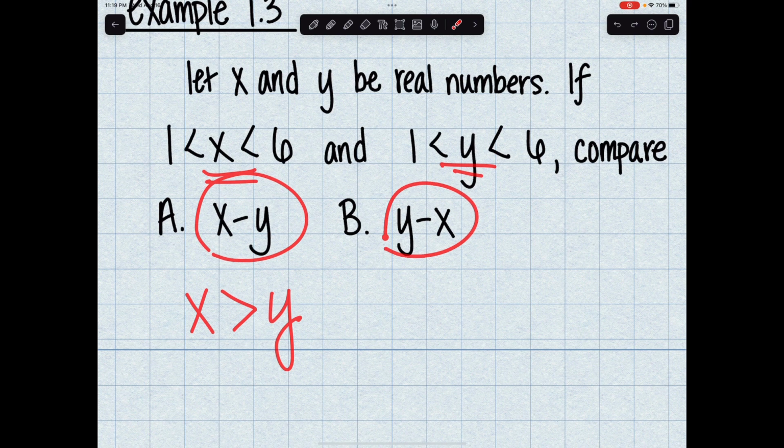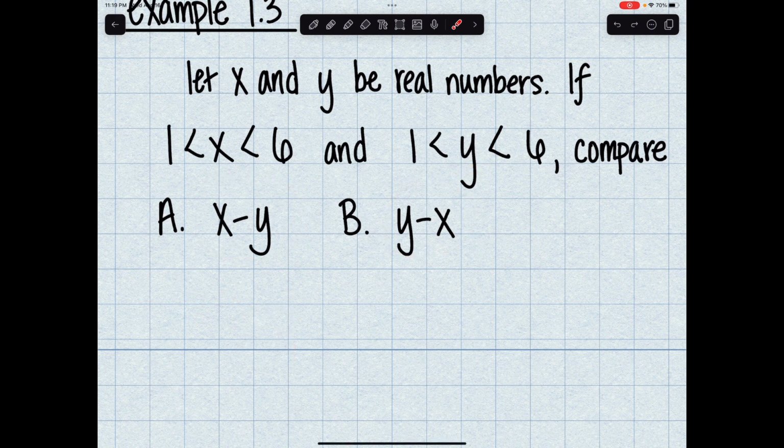let's see, y minus x is going to be, is that going to be a positive number? No, it's going to be a negative number. So that is what would happen if x is bigger than y. What if x is less than y?